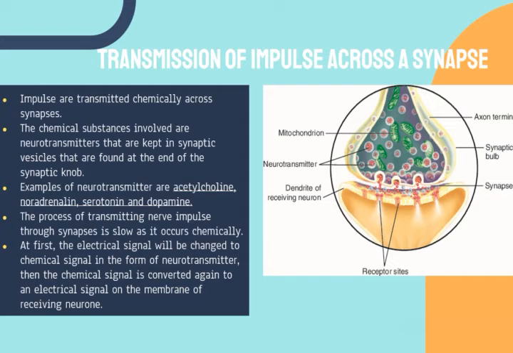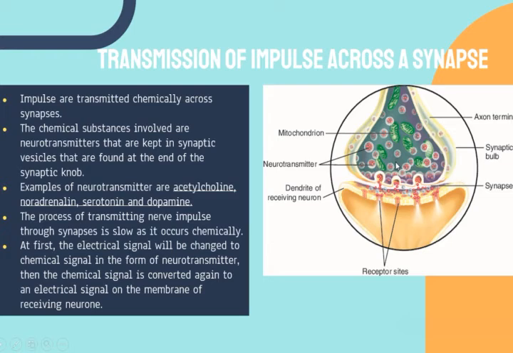You have to know that the transmission of the impulse starts from the electrical signals here. Once the electrical signal reaches the synaptic knob, it will be changed into the chemical signal, in the form of the neurotransmitter.